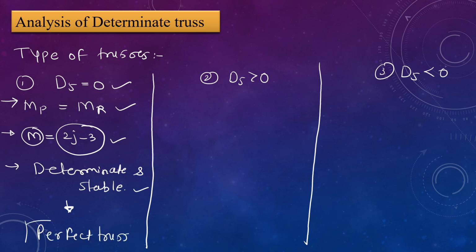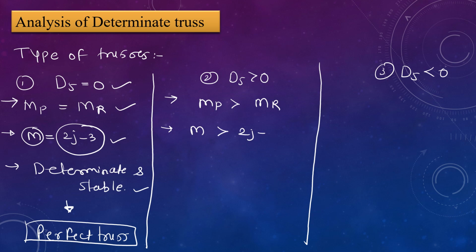The next condition is if ds is greater than 0. If ds is greater than 0, then member provided is greater than member required. Obviously, members are greater than 2j minus 3. J is the number of joints, m is the number of members.